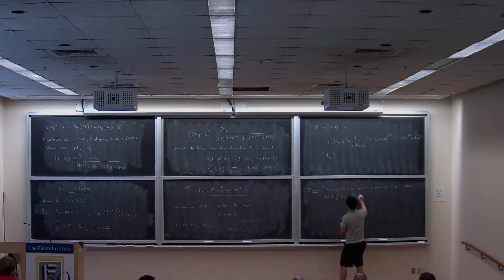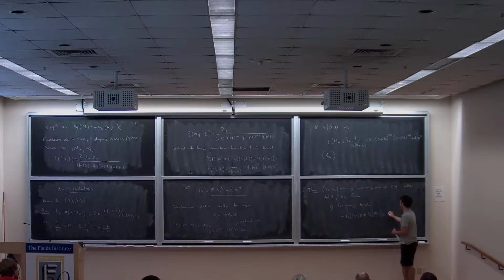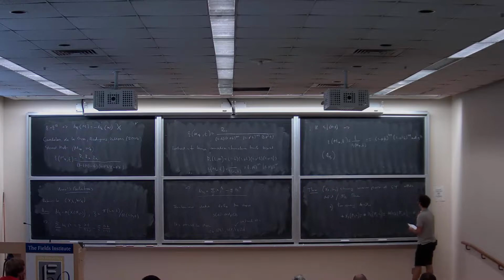Then, on the one hand, for every positive integer k, we have that the number of points on x lambda with coefficients in Fq to the k is congruent to the number of points of y lambda with coefficients in Fq to the k, which is congruent to the number of points of w lambda with coefficients in Fq to the k modulo q to the k.